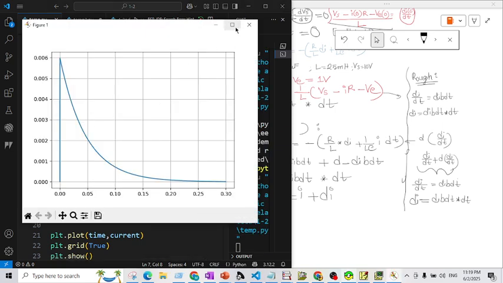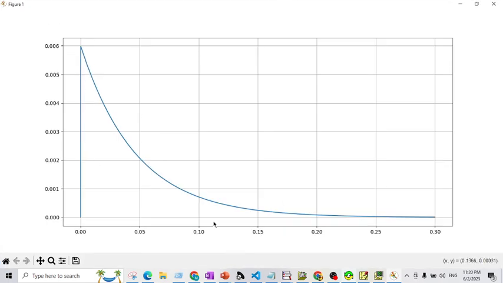Okay, so the current is decreasing. Actually, we can see a sharp increase in current, and then it's decreasing. So it's normal, right?